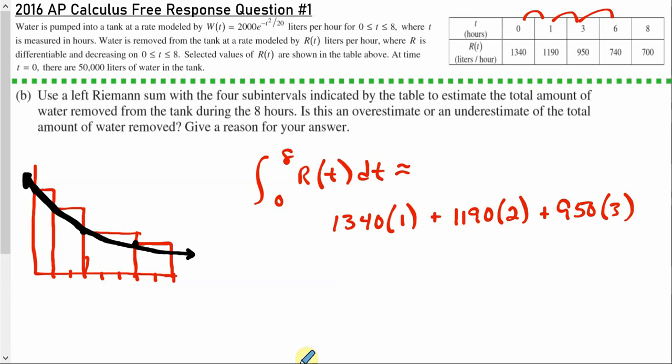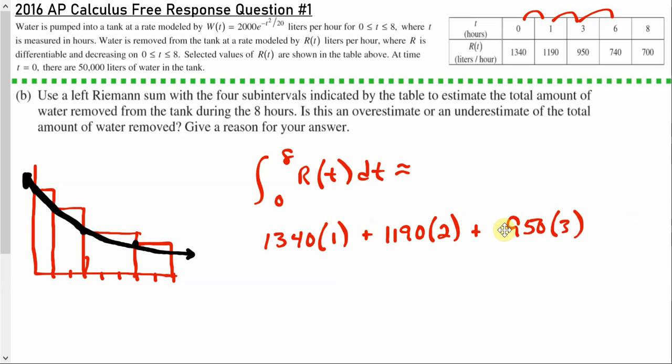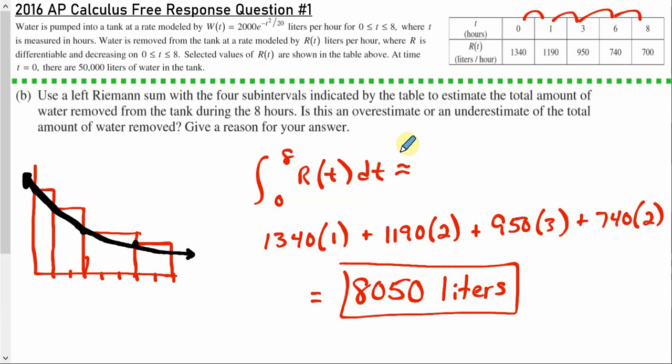And my last box has a height of 740, and it is 2 units long. Doing a little calculation there, we come up with 8,050 liters. So that's the amount of water which was removed from the tank.